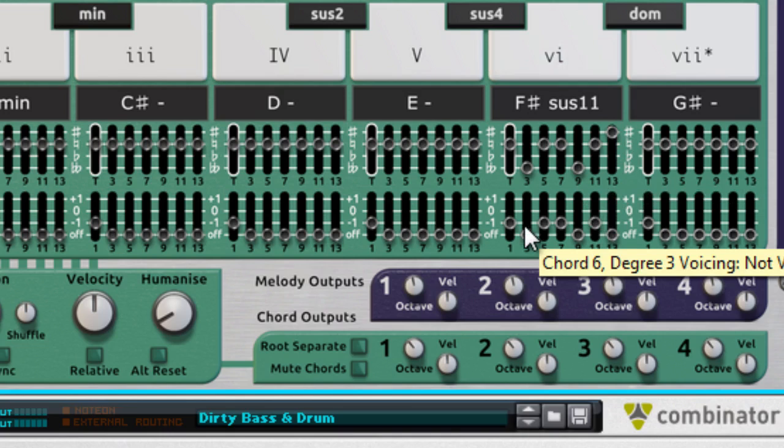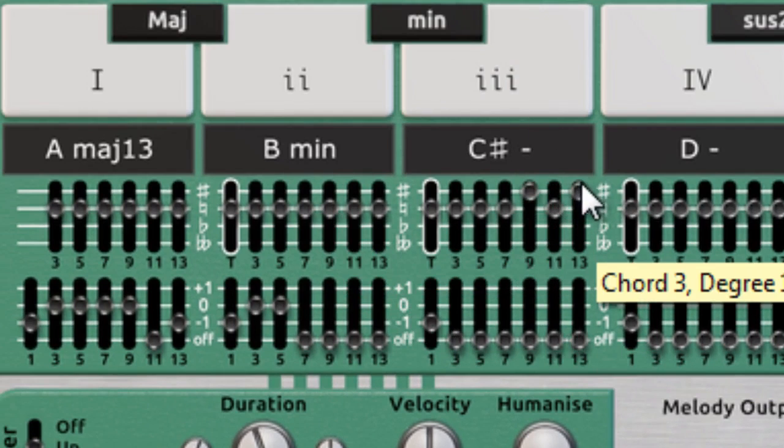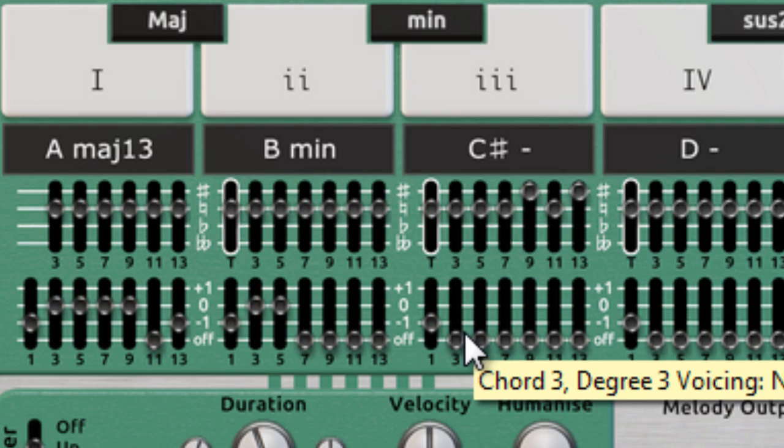Then we drop to C. So with C, what I did was I adjusted these two and I adjusted this here.